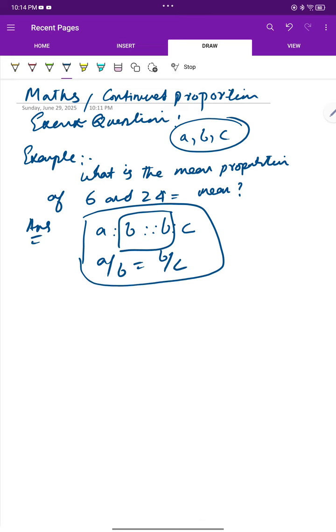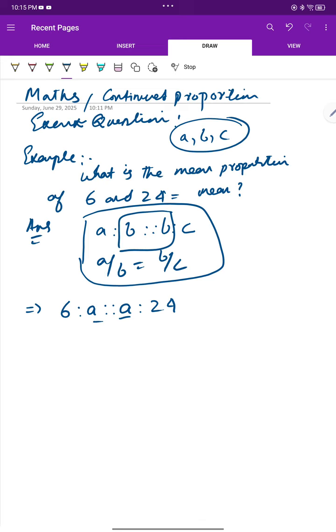So how can you find the mean of 6 and 24? You can write down in the answer 6 ratio A, because it's unknown, and then you put A here also according to the equation, and here is 24. 6 and 24, two quantities are given, but the third quantity is not given. But we're going to find the mean.